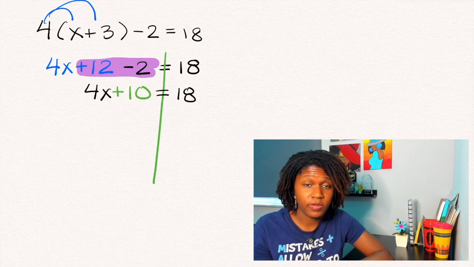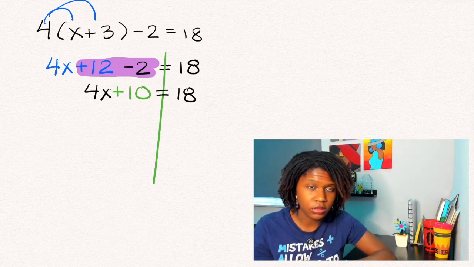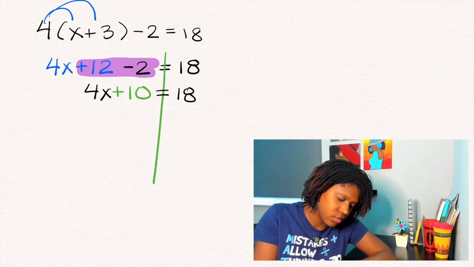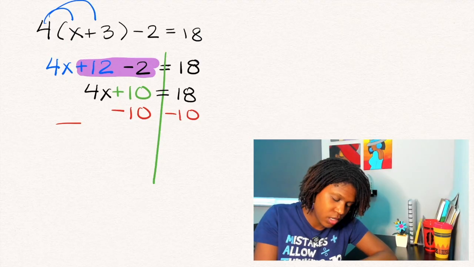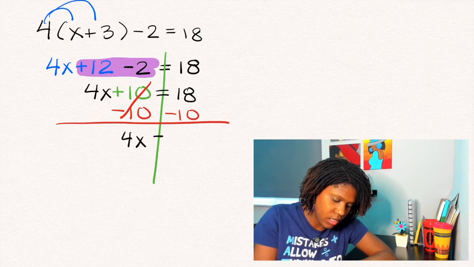Let's start with that plus 10. We want to get rid of it by doing the opposite operation or undoing the plus 10. So what's the opposite of adding? Subtracting. So we're going to subtract 10 on both sides of our equation. Here it's going to cancel out and we'll be left with 4x is equal to 8.